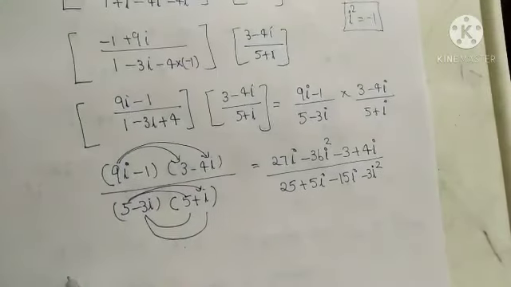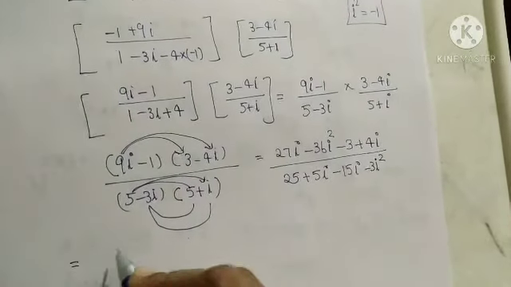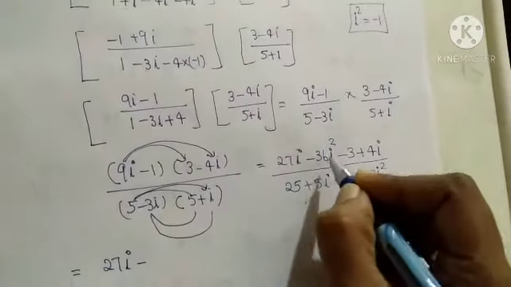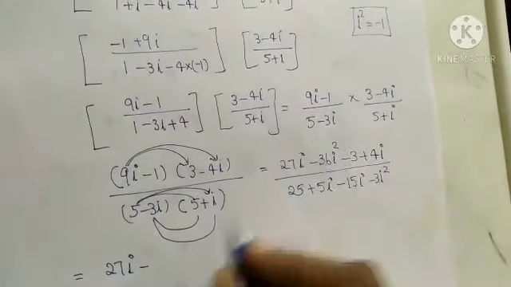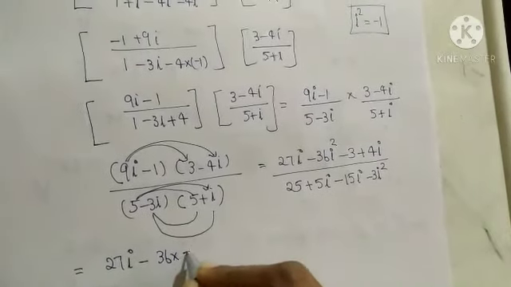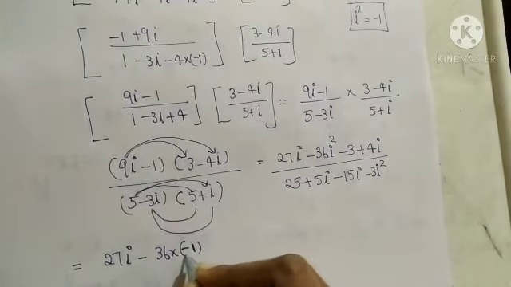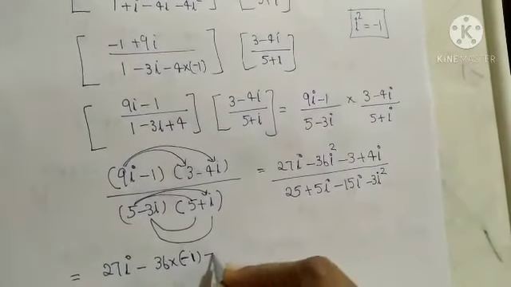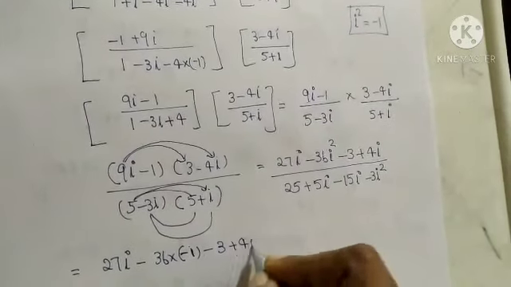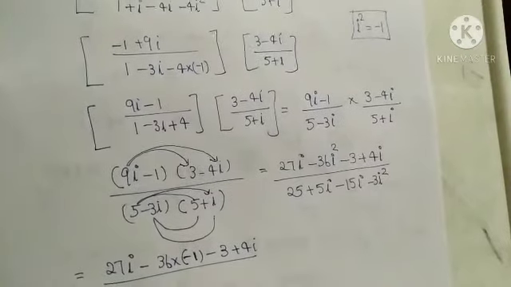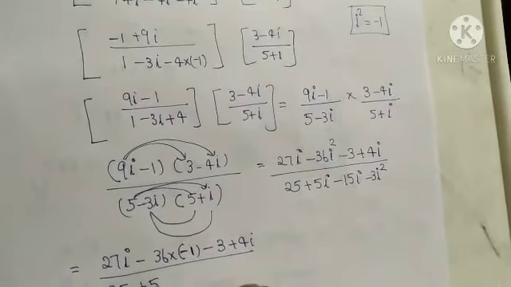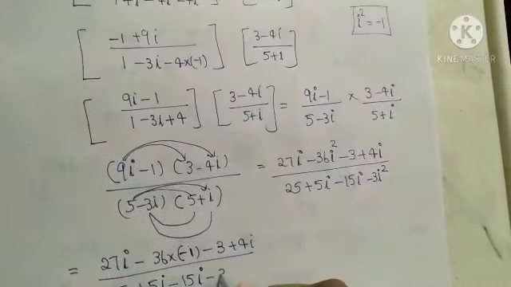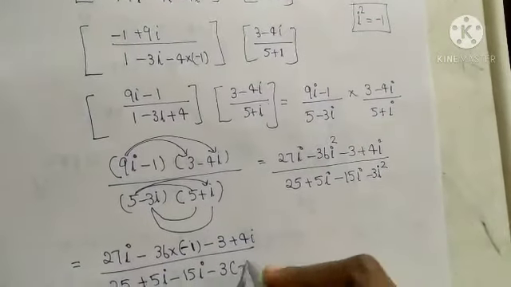So this will be equal to 27i minus 36 into, replacing this i square by minus 1, and the remaining terms remain the same. Similarly, in the denominator, 25 plus 5i minus 15i, and here also I am replacing this i square by minus 1.